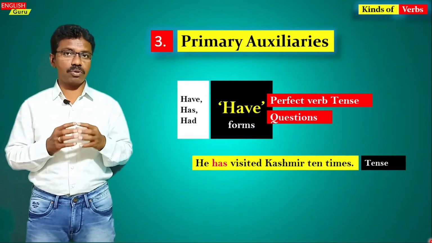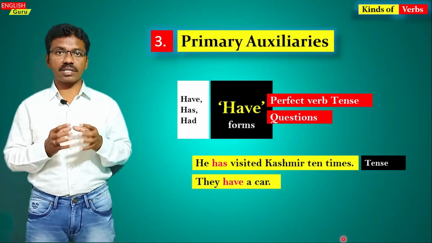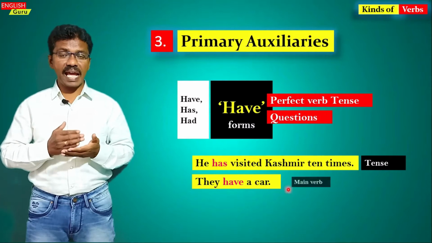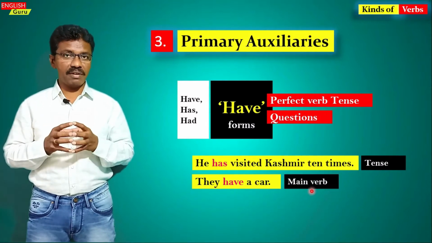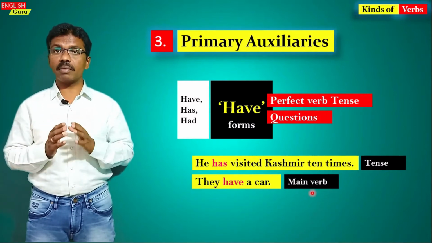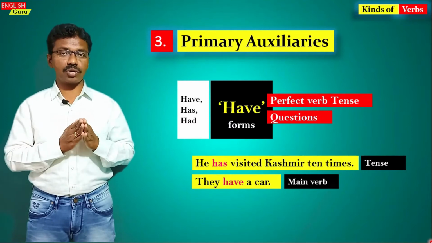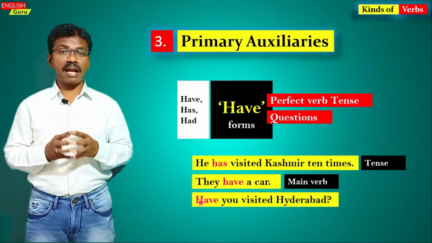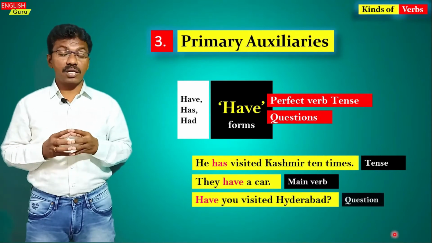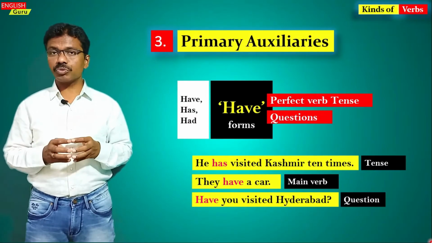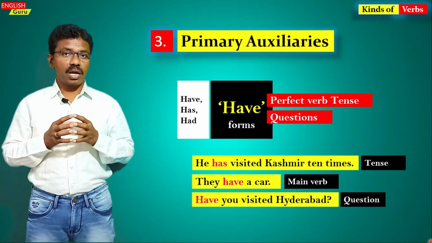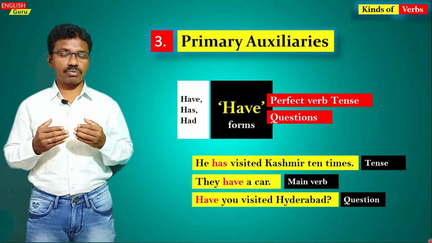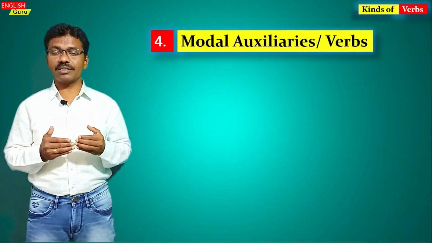Whereas if you say they have a car, have here is used as a main verb, not as an auxiliary verb. Whereas if you say Have you visited Hyderabad, here have is used to ask a question. So have forms are used to ask questions and to denote a tense also.